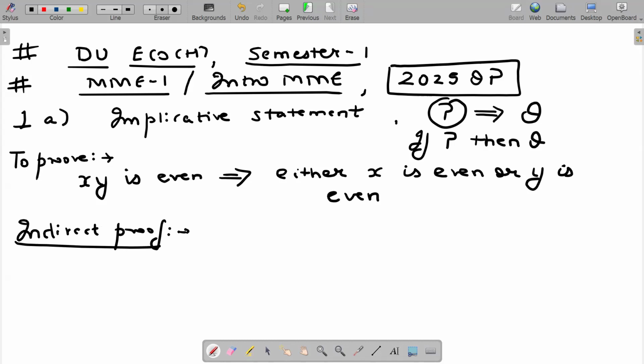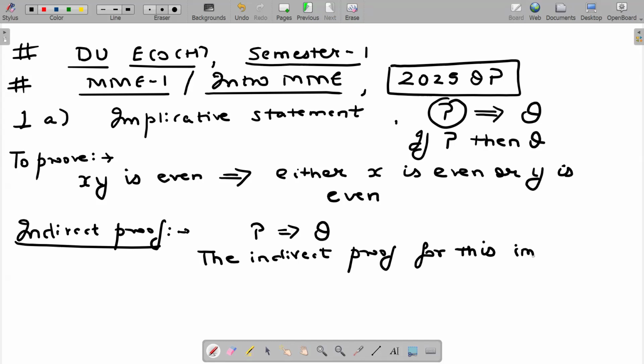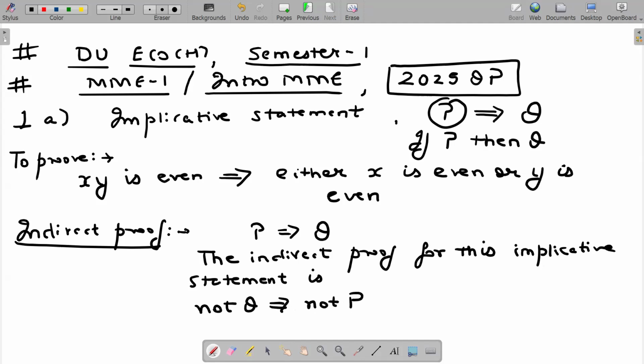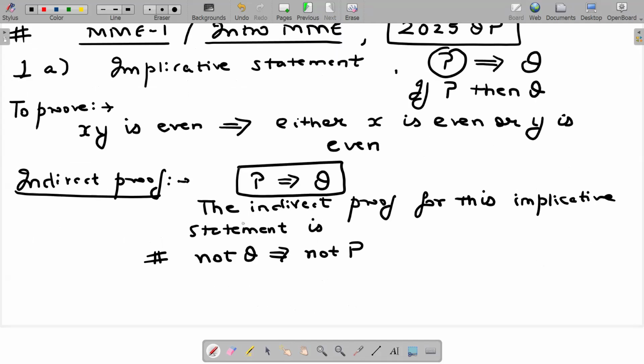In general, P implies Q. The indirect proof for this implicative statement is not Q implies not P. If I prove that not Q implies not P, I automatically prove that P implies Q. That means what do I need to show?